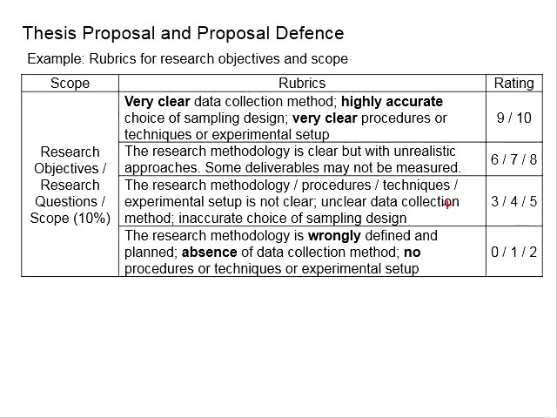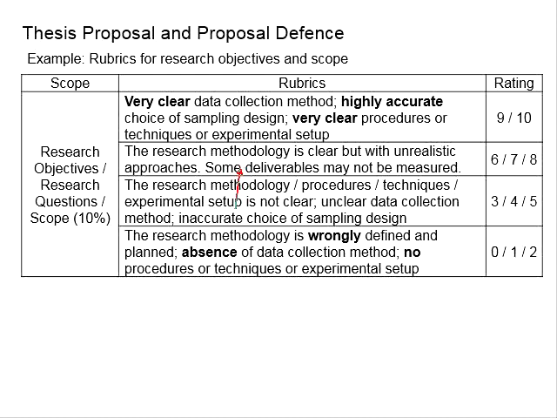And your data collection method is also not clear. That means there is data collection, but nobody knows how you're going to collect the data. Inaccurate choice of sampling design means your sampling design may not be able to yield the answers that you're actually seeking in order to answer your research questions.